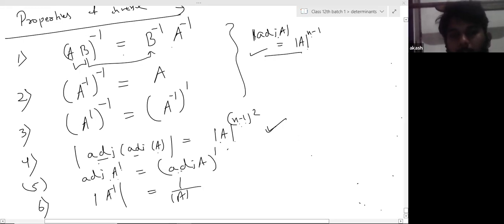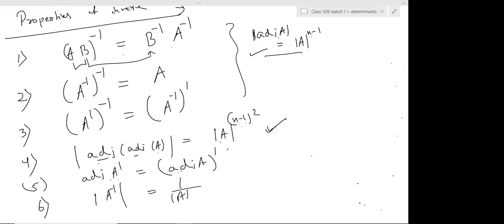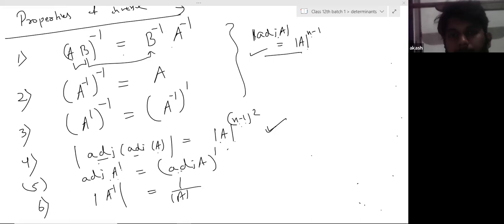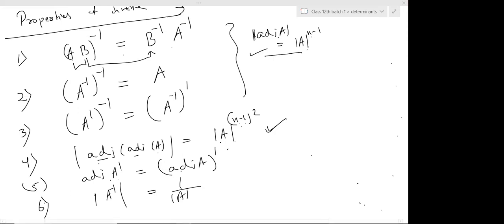Anyone has any doubt on these properties? Kulsum, Krishna, Shikani, Ronaldo. No, sir. All right. Done.